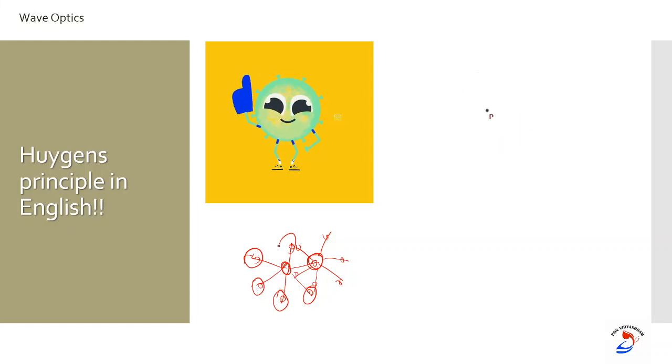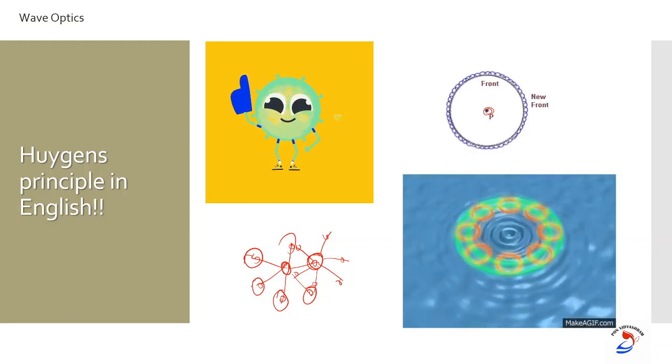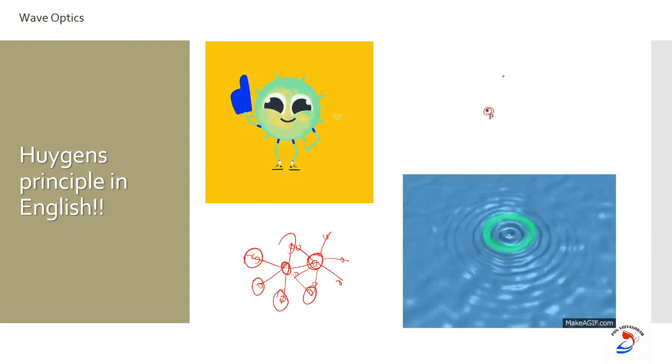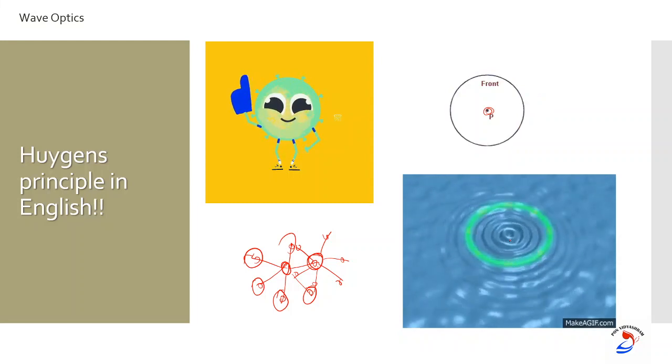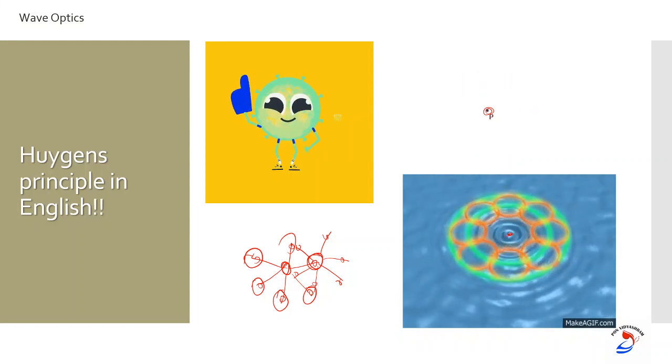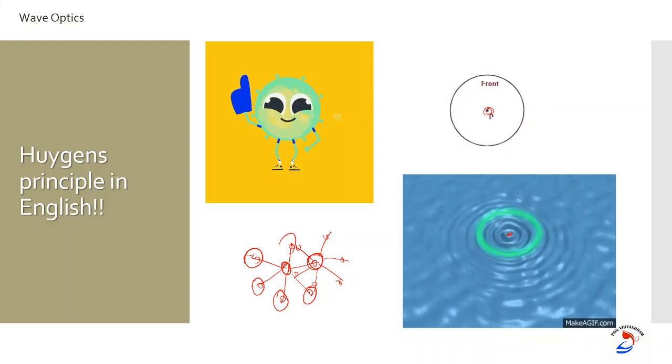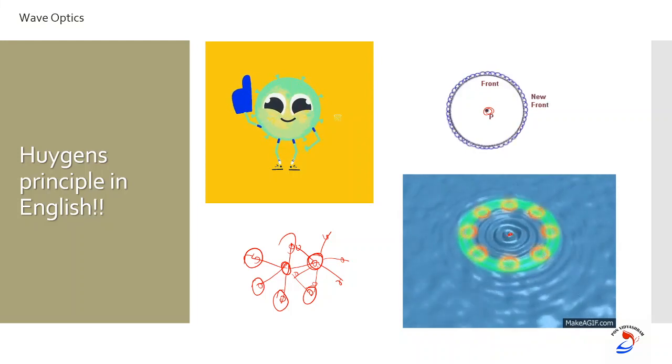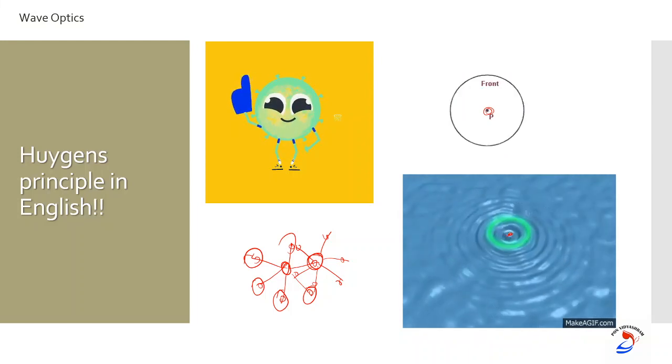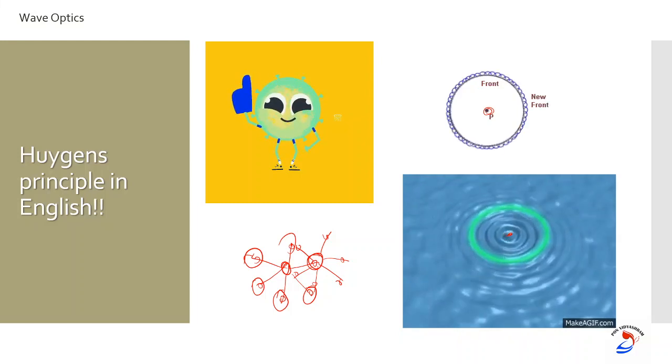Let's say a wave is originated from a point source here, P. This is the wavefront, and every point on it starts behaving as a new source. Now this video clip shows you that initially the wave is originating from this point. As it is moving ahead, you will see that every point on that secondary wave is behaving as a new source and creating the secondary waves.